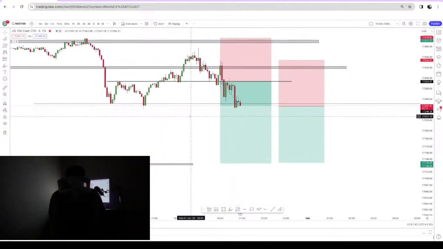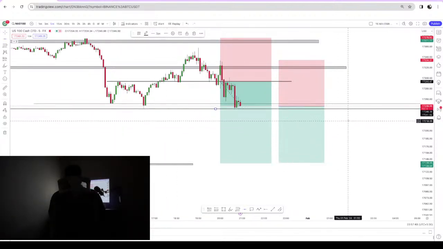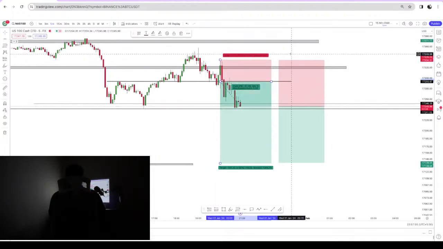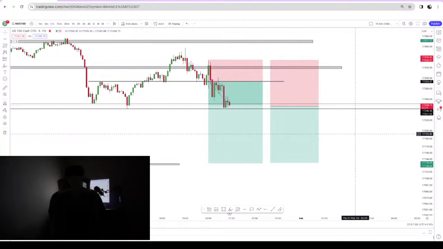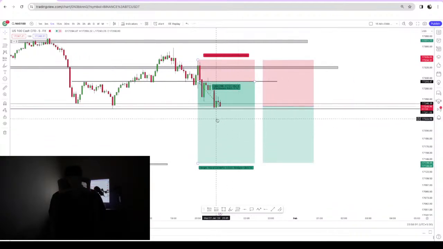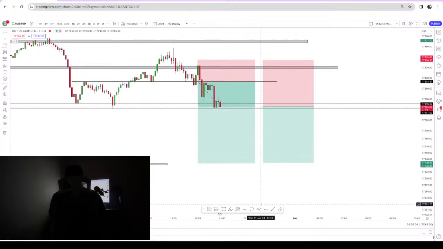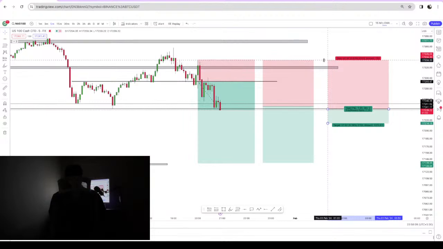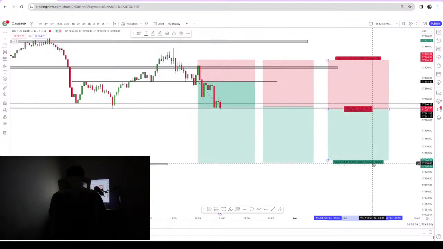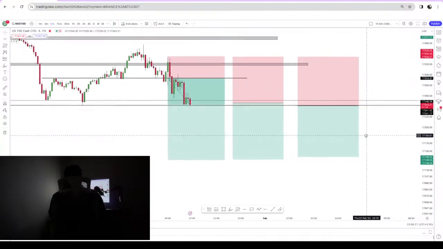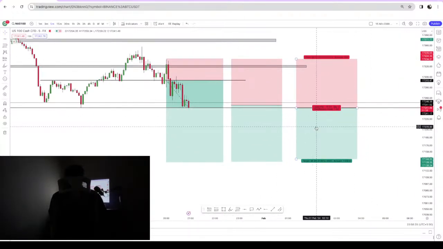If this red candle closes below this zone, then we can think of increasing the position and moving all the stop loss here. Let's see. We'll take this risk if such a thing happens. So if anything like this happens, it is a 93 points stop loss again from here.